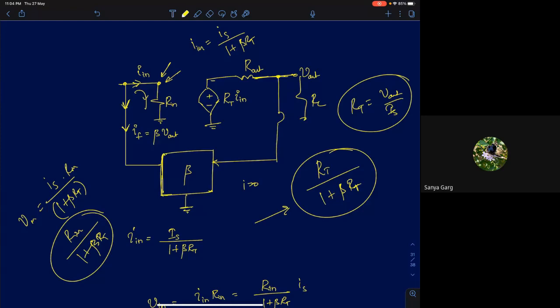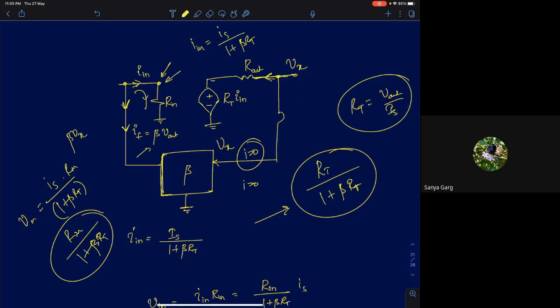So if I want to measure the output resistance, I'm going to apply a test voltage Vx and measure the current drawn. Now remember, no current flows through this. Still no current is flowing through this. So I just need to find the current flowing through Rout. If I'm applying a voltage Vx here, what is the current IF? IF is simply beta times Vx.